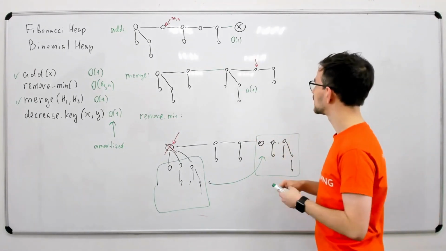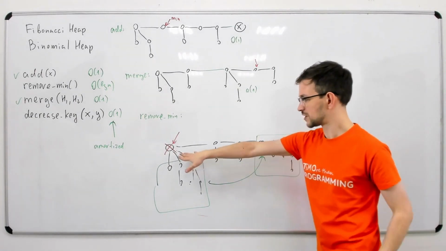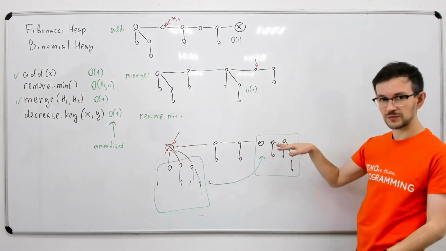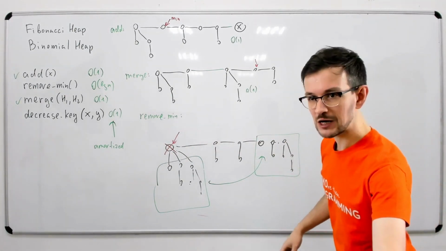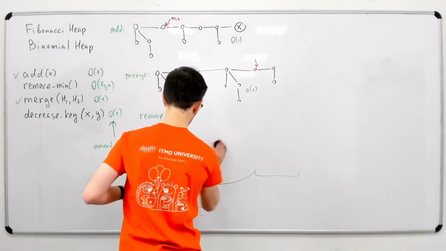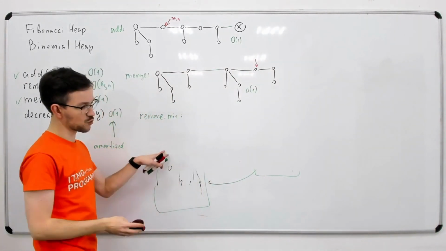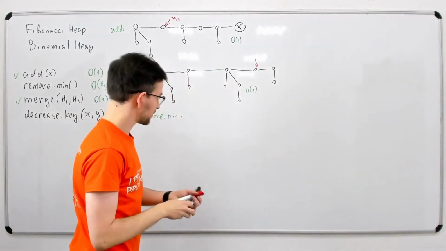That's the idea. What will we do? Imagine you remove this minimal element, take these elements, put them here, and so on. So in the end, you have some Fibonacci heap which is not balanced at all. After you remove the minimal element and so on, you end up with something like this.